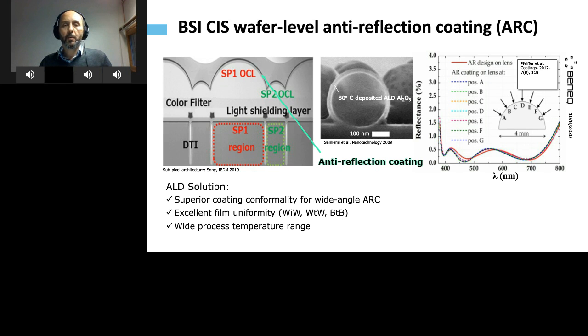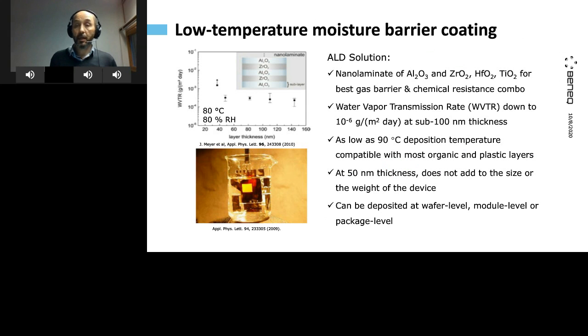The third topic I wanted to touch upon in more detail is the encapsulation or moisture barrier. Again, there are various things on image sensors, the plastics, but also some organic sensing layers that you want to be protecting for the lifetime of the device. And really, with ALD, what we're doing is combining the best of both worlds.